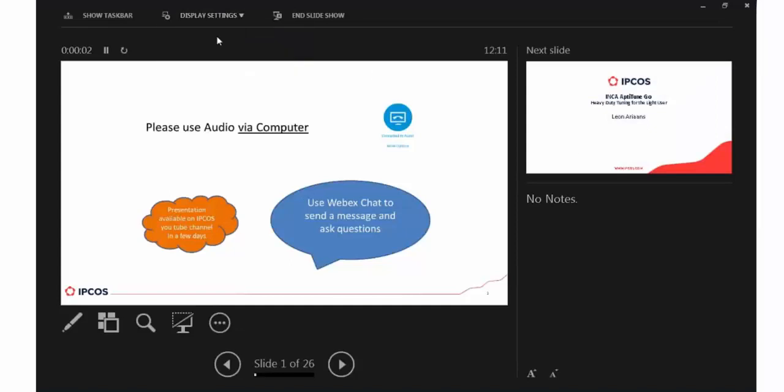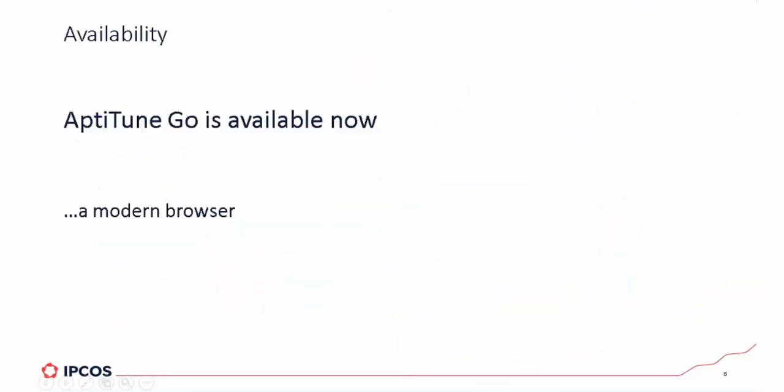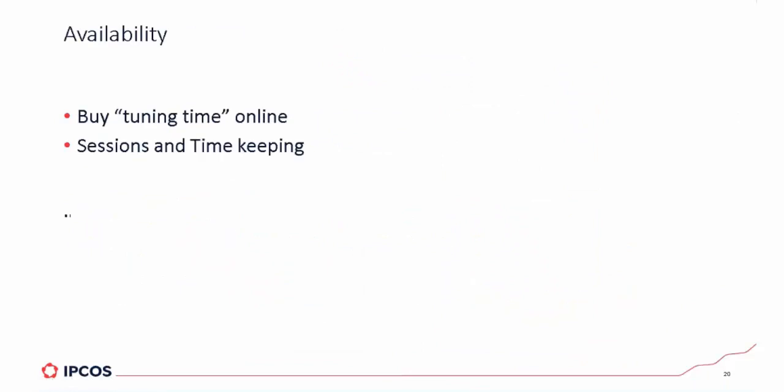Now let me pick up my slides. I talked about sessions and timekeeping. One thing that is good to be aware of: if you close the browser and leave the session open, it will close automatically after 15 minutes.